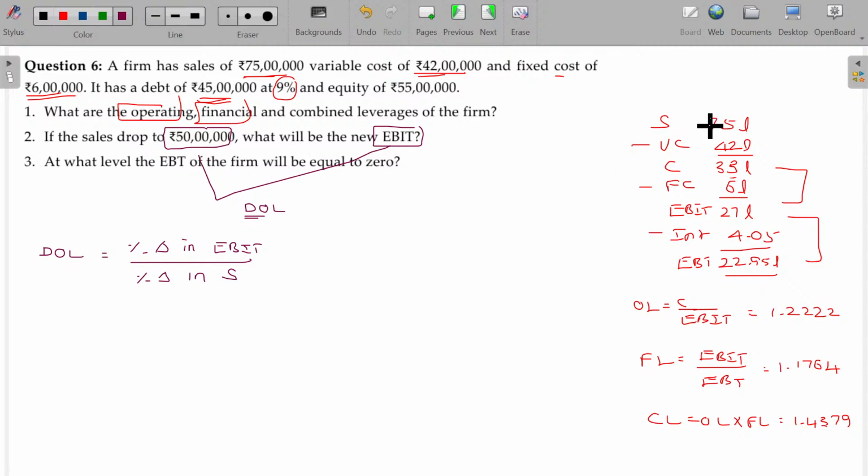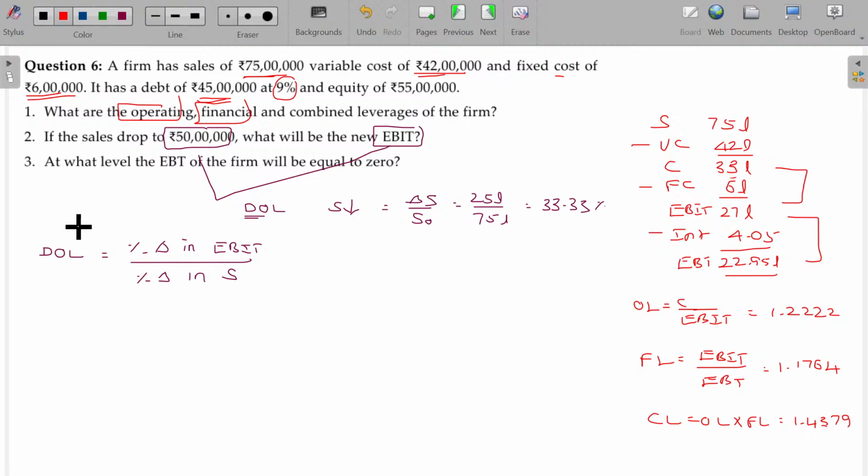Existing sales 75 lakhs drops to 50 means 25 lakhs is going to be decreased. Otherwise, sales drop is equal to change in sales divided by sales existing value. 25 lakhs drops and existing sales 75 lakhs. So, 33.33% drop happens.